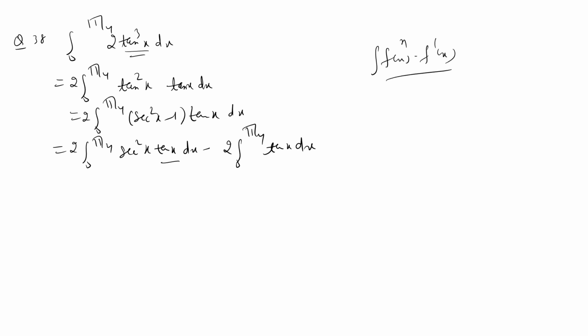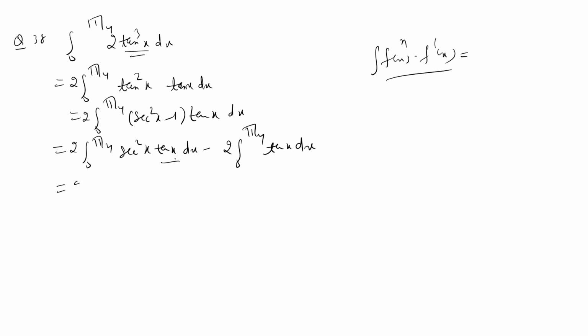So dear student, if I put secant x as t, then tan x is t, and secant square x dx is equal to dt. So my function is tan x, and the integral is going to be, I think we should be quick enough in understanding, that tan is the function.